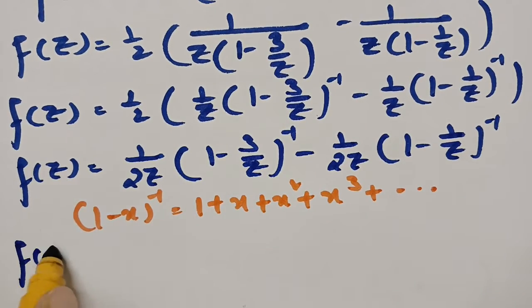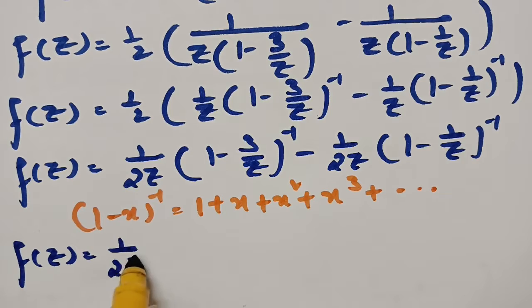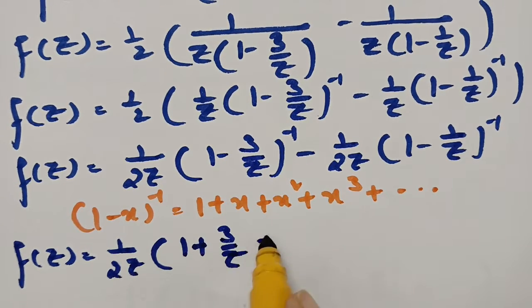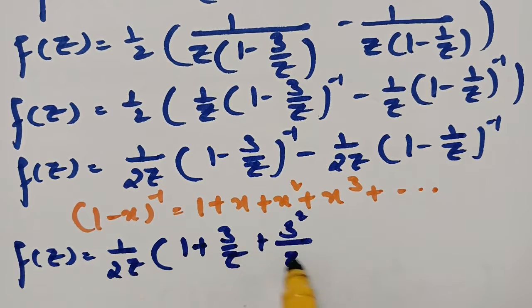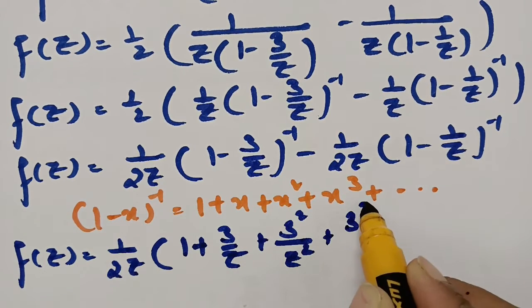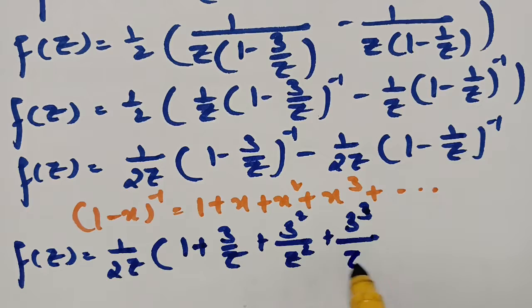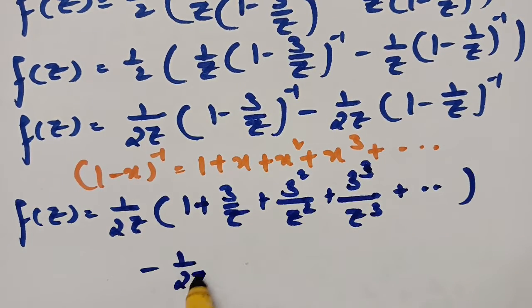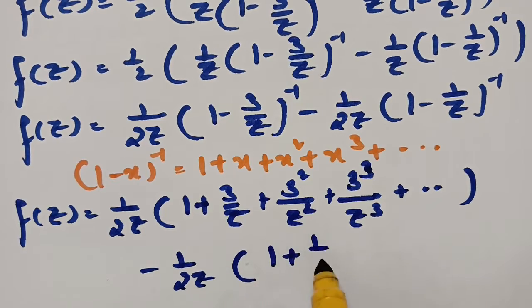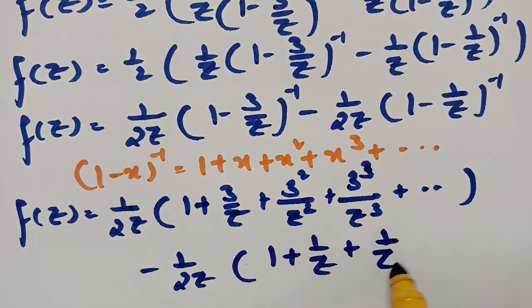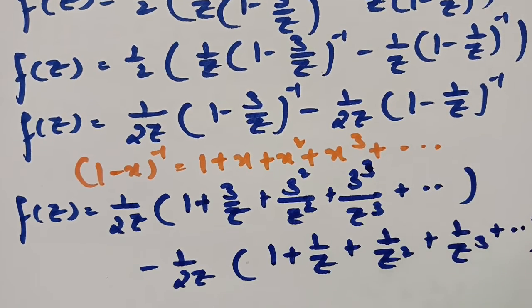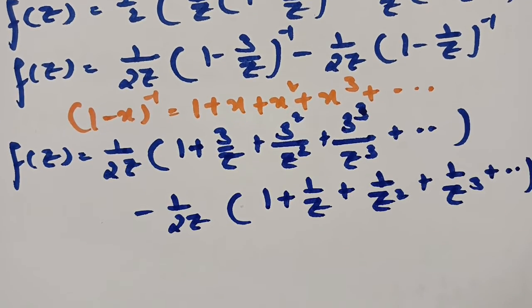Now f of z is equal to 1 by 2z times of 1 plus 3 by z plus 3 square by z square plus 3 cube by z cube plus and so on, minus 1 by 2z times of 1 plus 1 by z plus 1 by z square plus 1 by z cube plus and so on.